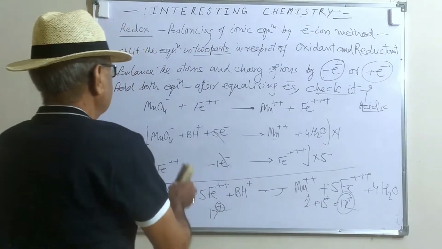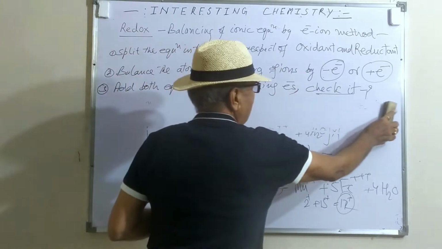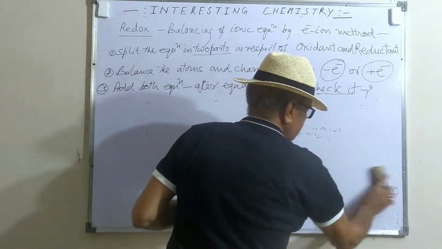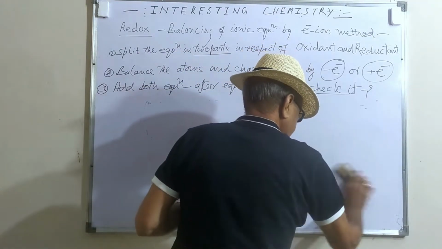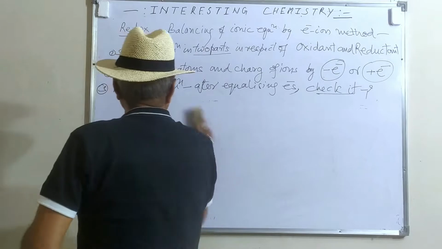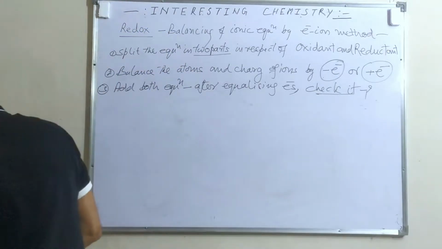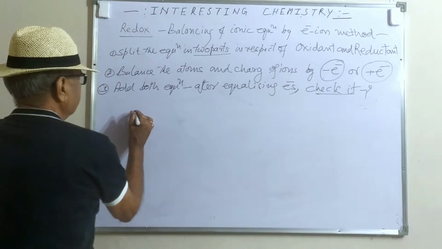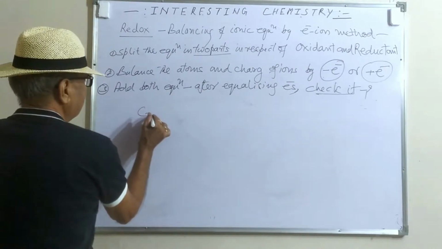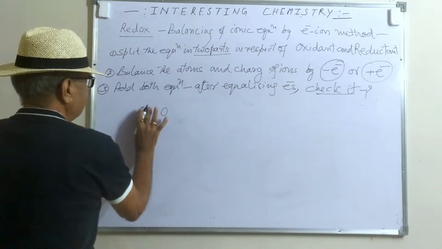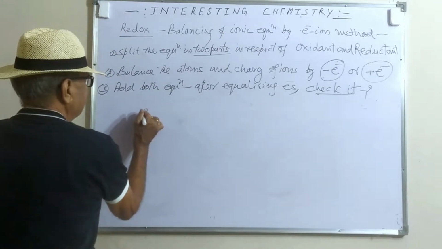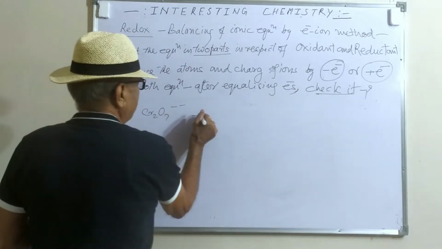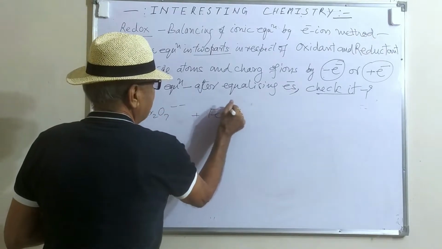Now I am taking the second example. The second example is also in an acidic medium. So please take dichromate. Dichromate is also an acidic oxidant, Cr2O7 double negative, plus ferrous.